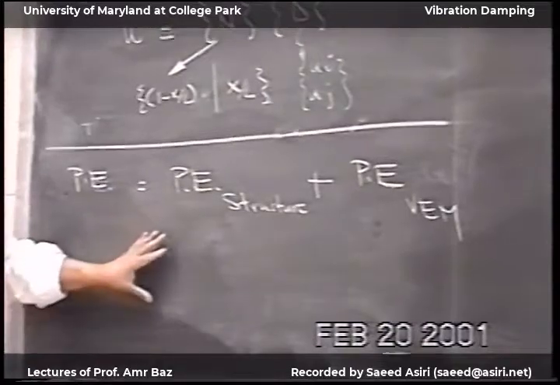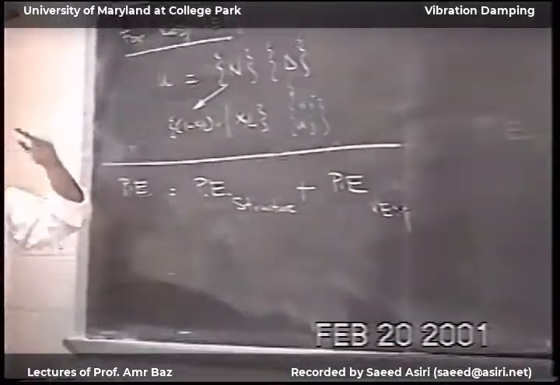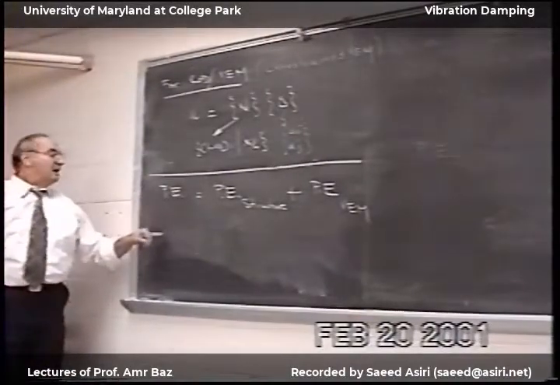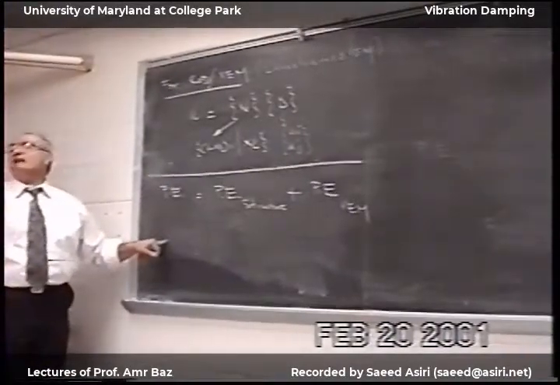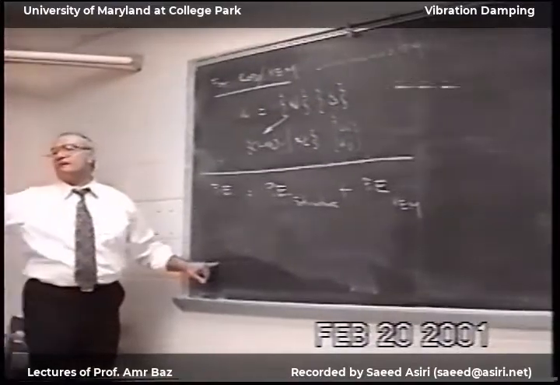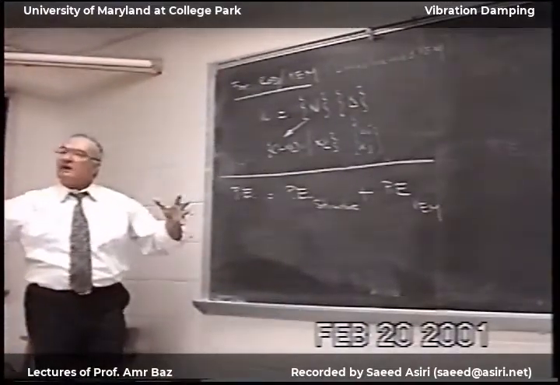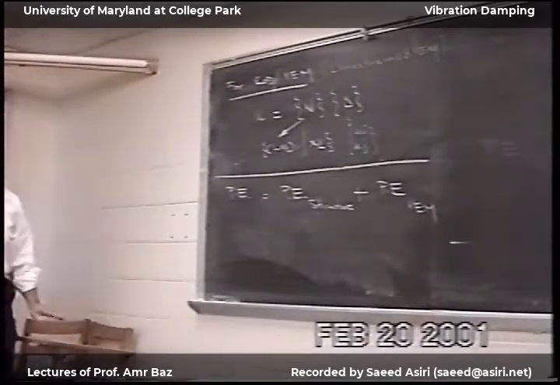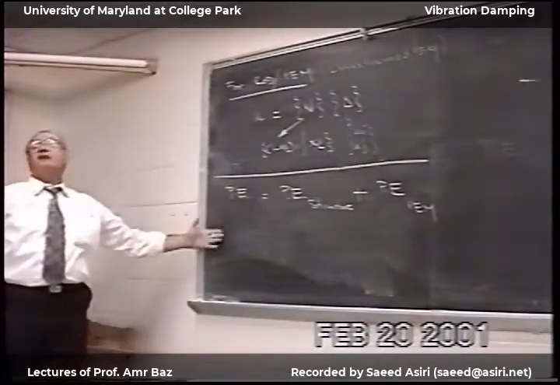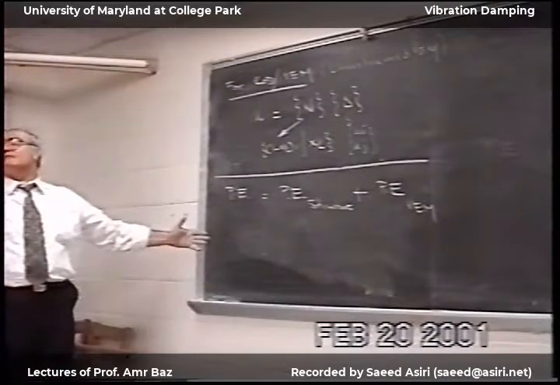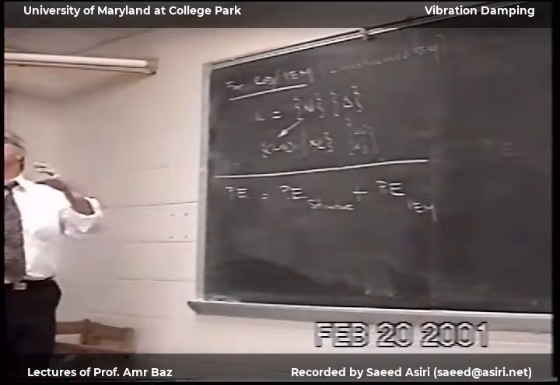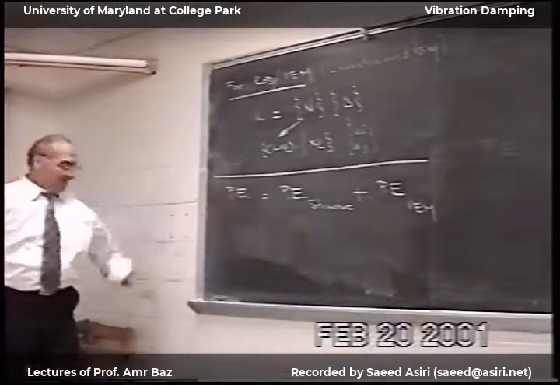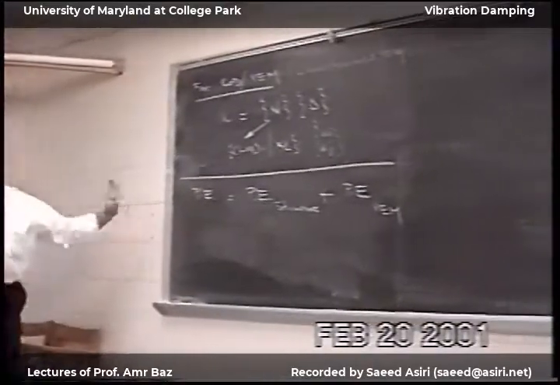And then we'll write down Lagrange, for example, to get the equation of motion. Or I can write potential energy, kinetic energy, and dissipated energy in the viscoelastic material. Then I can write down Hamilton's principle and generate from it the equation, or I put in Lagrange the non-conservative term, which is the damping. But the two will lead to the same result. So for now, I'll just do this quick and non-rigorous way.